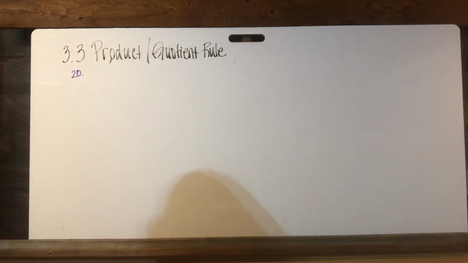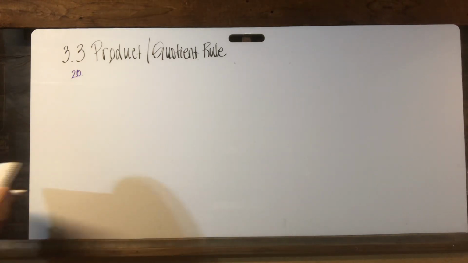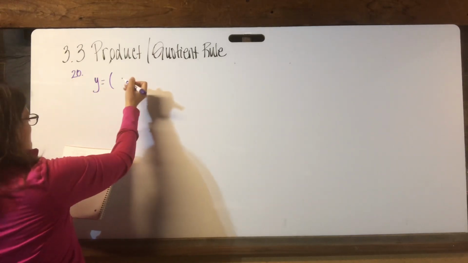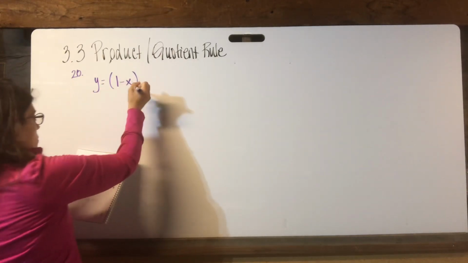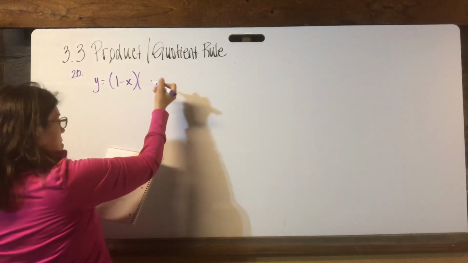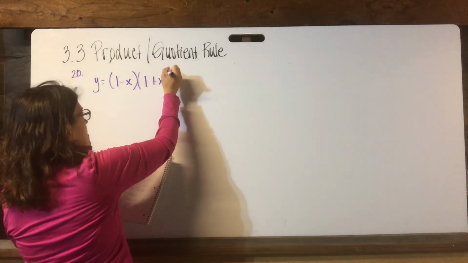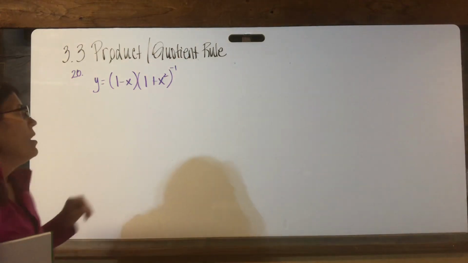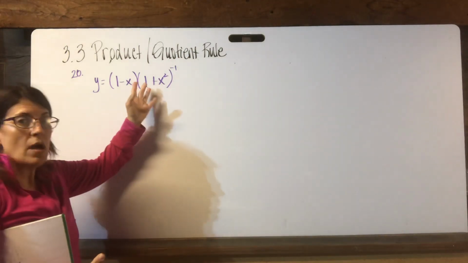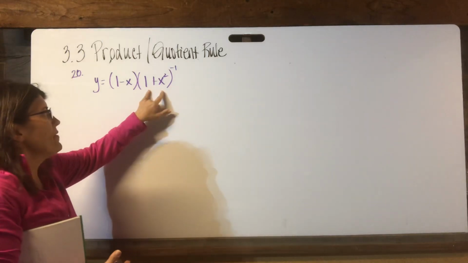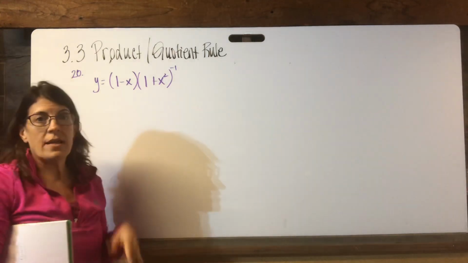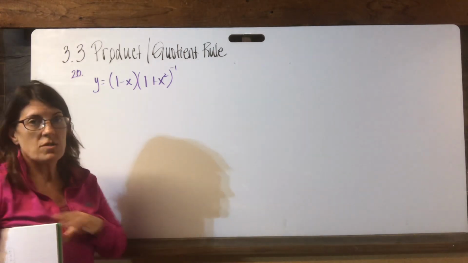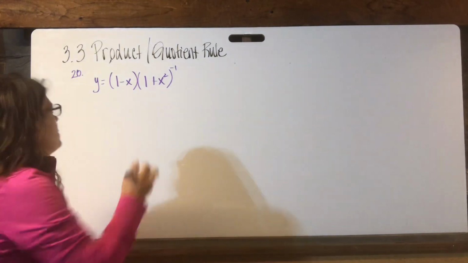And they give you that y is equal to 1 minus x times 1 plus x squared to the negative 1. Why can't I just use the product rule and take the derivative of 1 plus x squared to the negative 1? That's because it requires a property you haven't learned yet. So we're going to stick with the quotient rule.